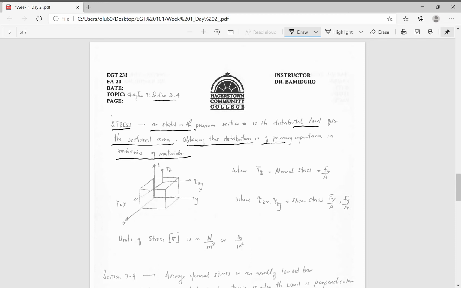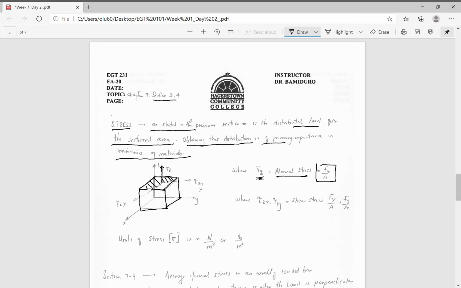Typically, from a diagram perspective, if we have this structure and we apply a load in the z direction, and this is the actual surface of that structure, we say that the stress on the z face is equivalent to the force divided by the area.